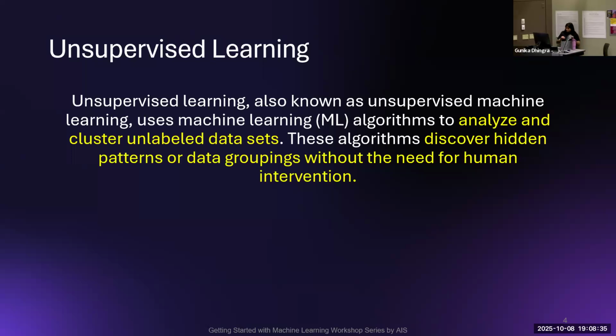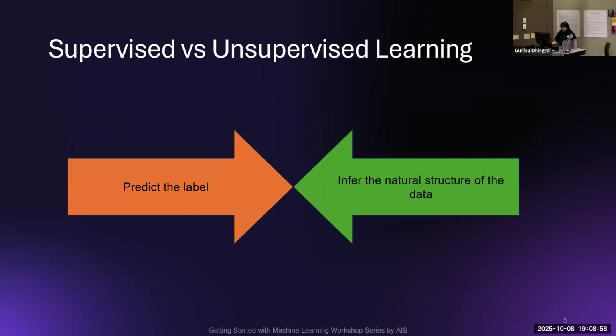And I have highlighted this here in the last line, if you can see, these algorithms, they discover hidden patterns or data groupings without the need of human intervention. So we are channelizing the algorithm to train on the data and figure out itself the hidden lying patterns and clustering them or reducing their dimensions, which is something that we're going to discuss in a bit.